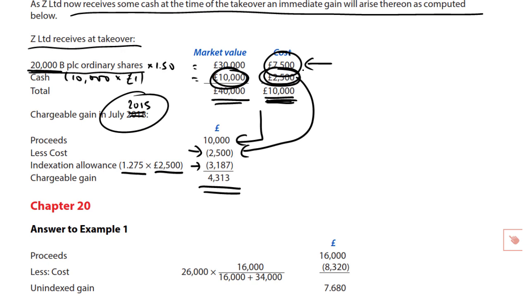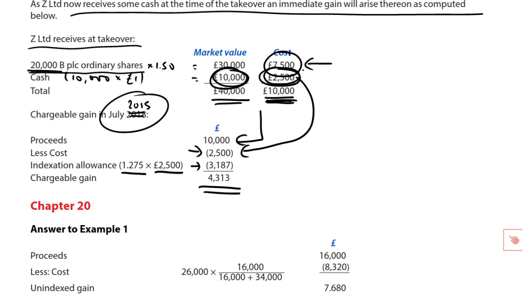What I'd then like you to do is to go back to, I think it was chapter 12, when we dealt with CGT for individuals, and specifically look at three areas which form the majority of the next and final chapter that we have to deal with in relation to chargeable gains and corporate tax. So before we deal with chapter 21, I would like you to go back to chapter 12, look at what the issues were, the principles involved in dealing with part disposals, dealing with chattels, and also dealing with wasting assets.